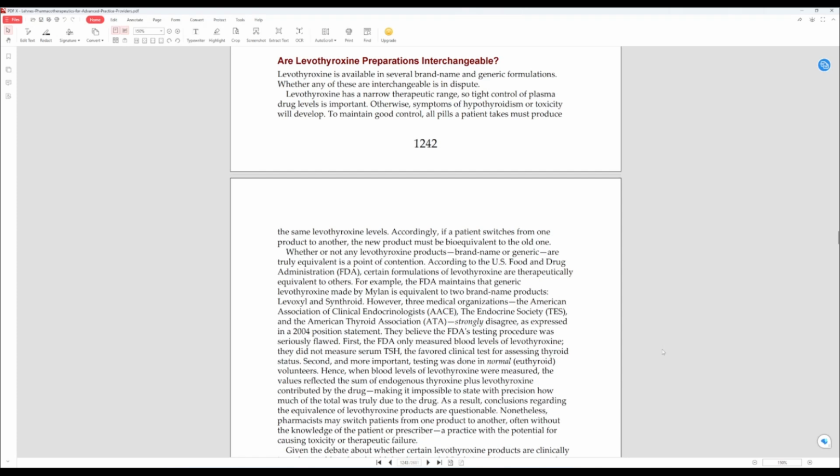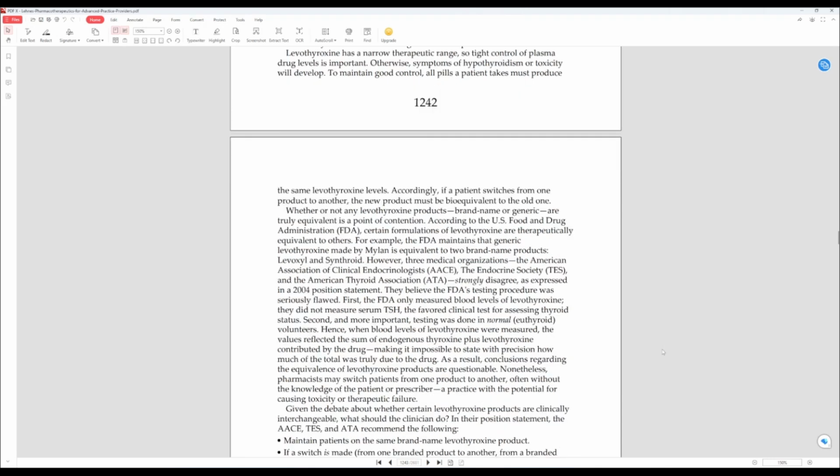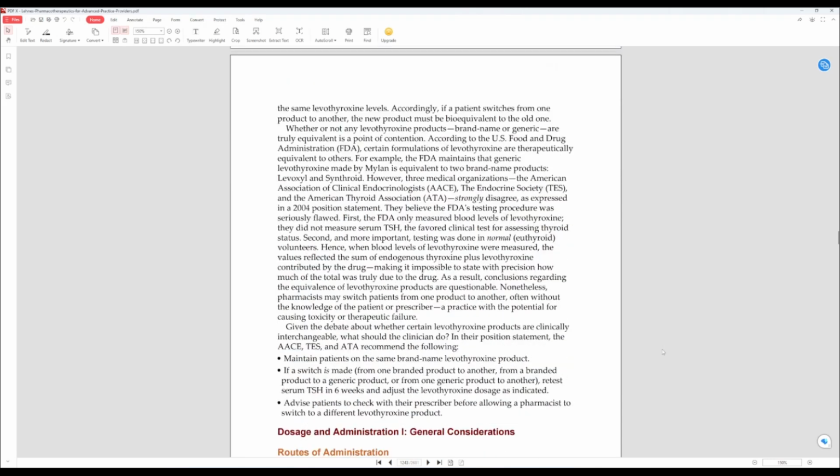Otherwise, symptoms of hypothyroidism or toxicity can and will develop. To maintain good control, all pills a patient takes must produce the same level of levothyroxine. Accordingly, if a patient switches from one product to another, the new product must be bioequivalent to the old one.